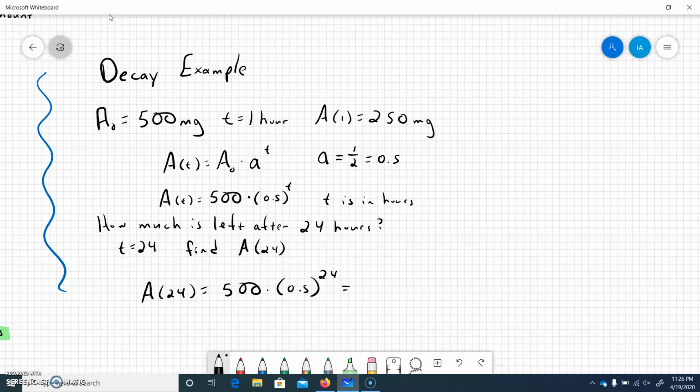So another wacky example. So I started with 500 milligrams. So the number coming out of my calculator is 0.0000298 milligrams. So this thing was giving off half of its material every hour.